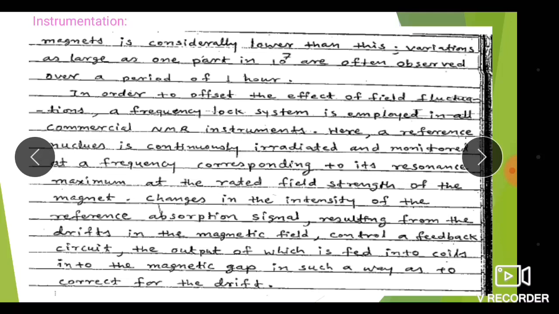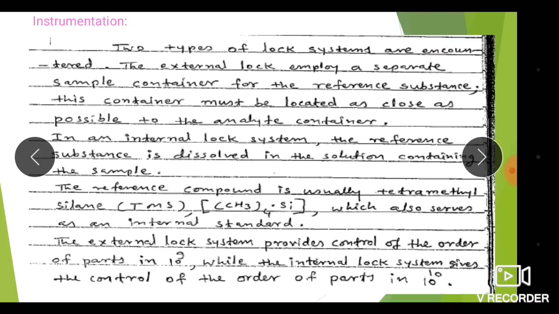The feedback circuit, the output of which is fed into the coil in the magnetic gap, corrects for the drift. So the fluctuation is removed by using the reference sample, irradiating it with constant frequency, and this drift is fed to the coil, so the fluctuation in the magnetic field is maintained by means of using references.